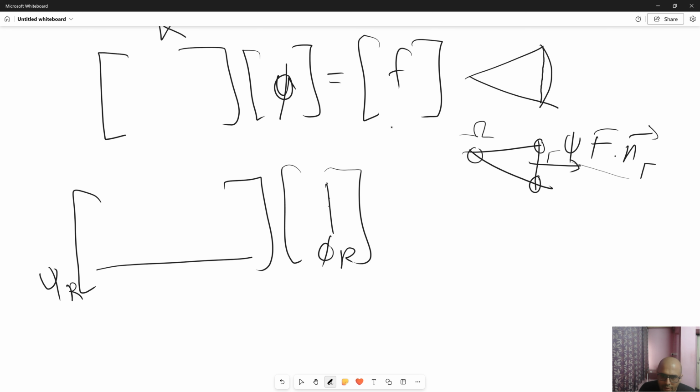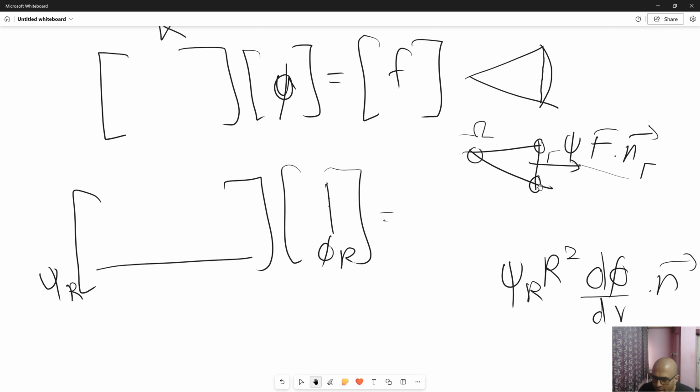And our boundary term is basically psi r into r square into d phi by dr multiplied by the unit normal. So it's very easy to do this.